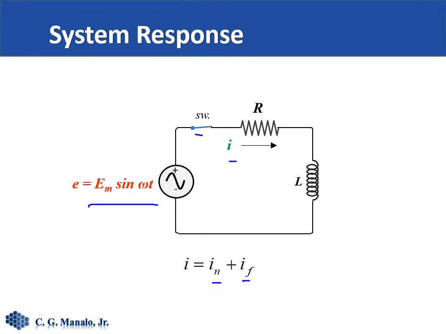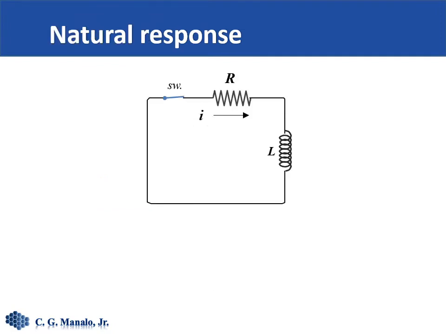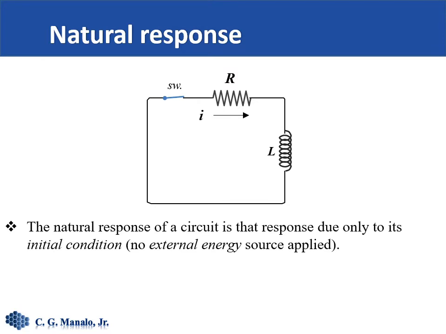So first, to come up with the solution of the circuit, we need to know what we mean by natural response and forced response. So what is a natural response? Natural response is that response of the circuit due only to its initial condition without any external source applied.